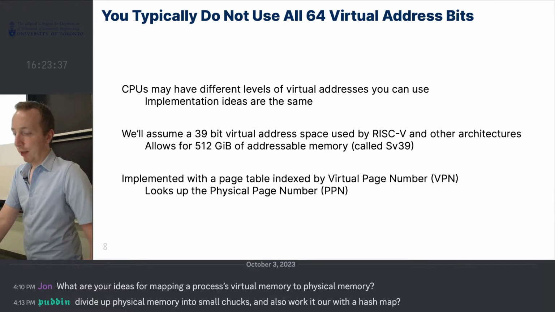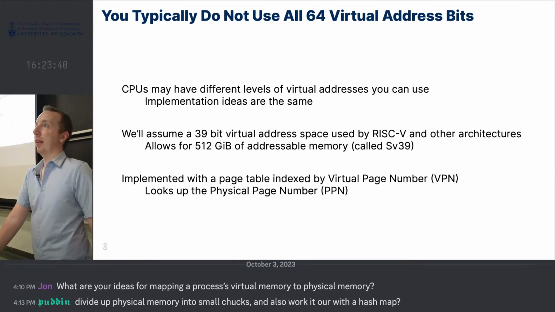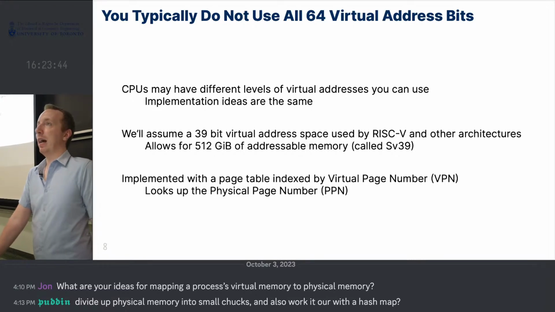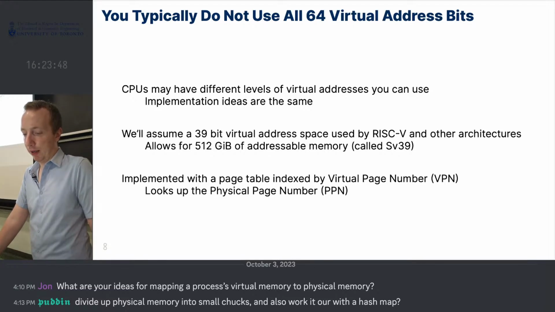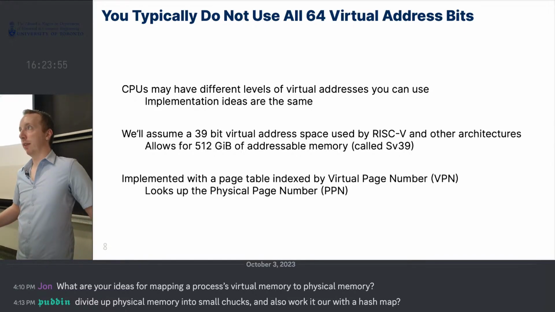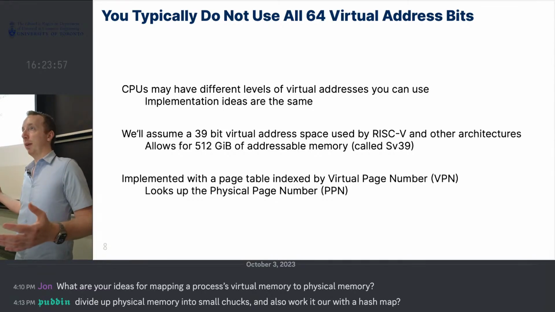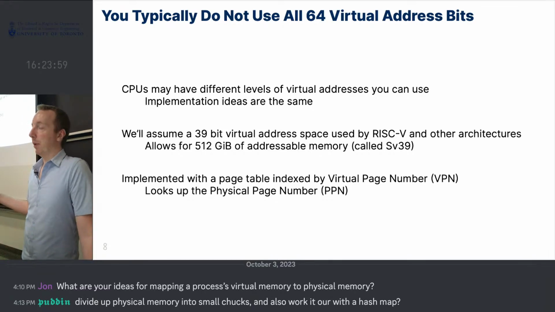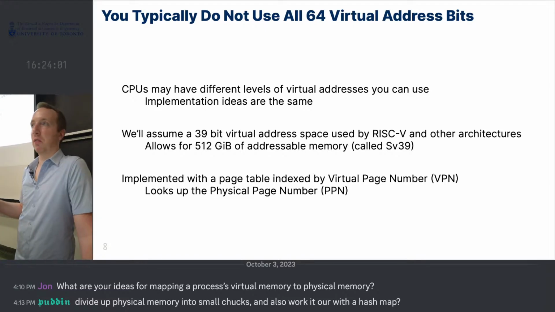Another thing: we all have CPUs that have 64-bit addresses. Typically, you don't have that much RAM on your machine, and you wouldn't need to use all 64 bits. So CPUs, as we will figure out, support different sizes of virtual address spaces, but the implementation details are the same.